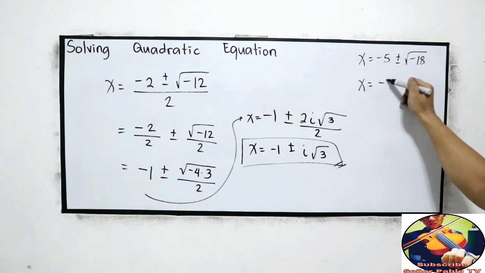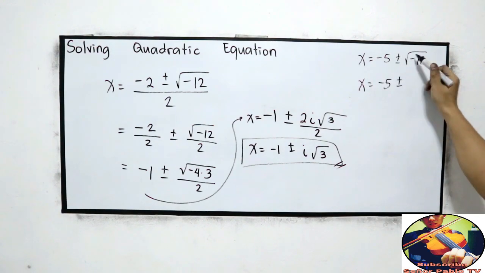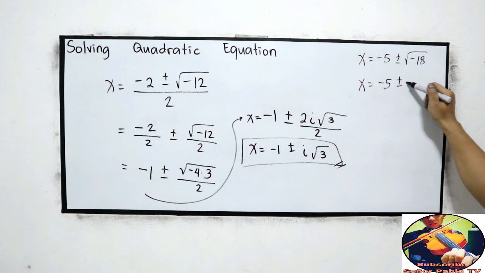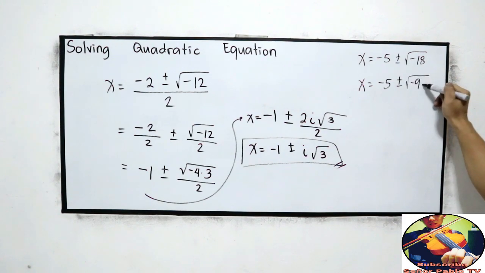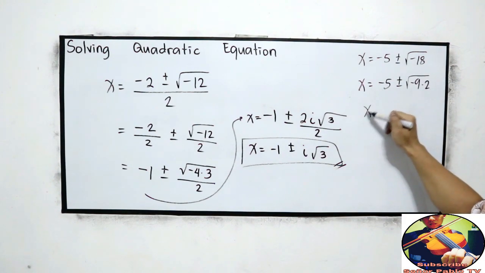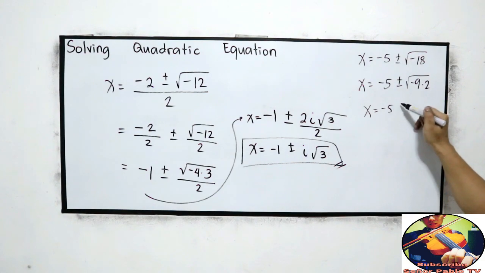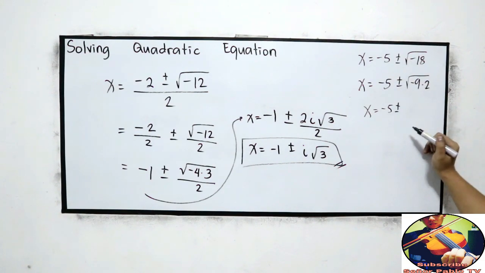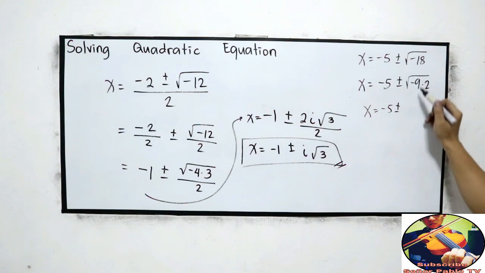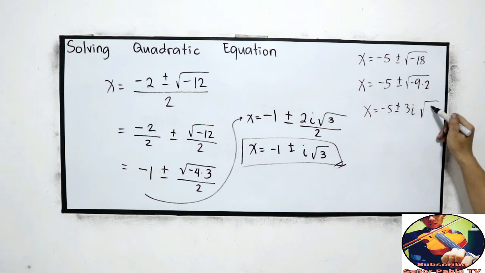X is equal to -5, positive negative. The radicand -18 is equal to -9 times 2. So x is equal to -5, copy, positive negative, square root of -9, that is 3i, square root of 2.